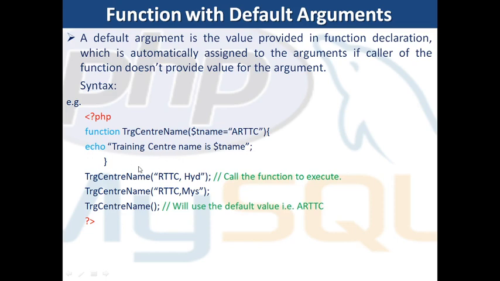If we call the function and pass any argument, then it will use this value. If we don't pass the argument, then it will use this default value. Let us check it on the browser.